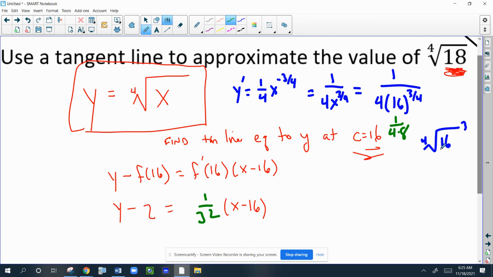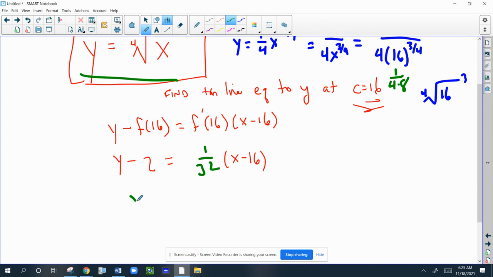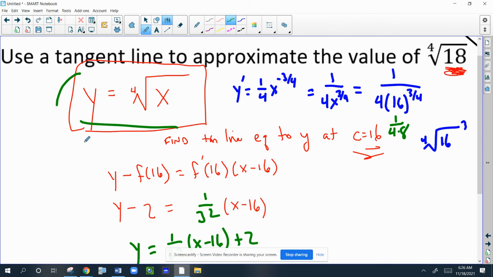So the idea here is, since 16 is very close to 18, if I plug 18 into the tangent line, I will get a value that's very close to the fourth root of x. So here's the equation of my tangent line. y of 18 should be very close to the fourth root of 18.